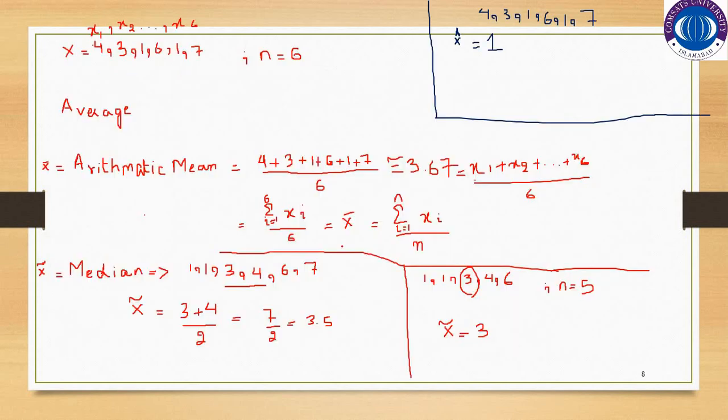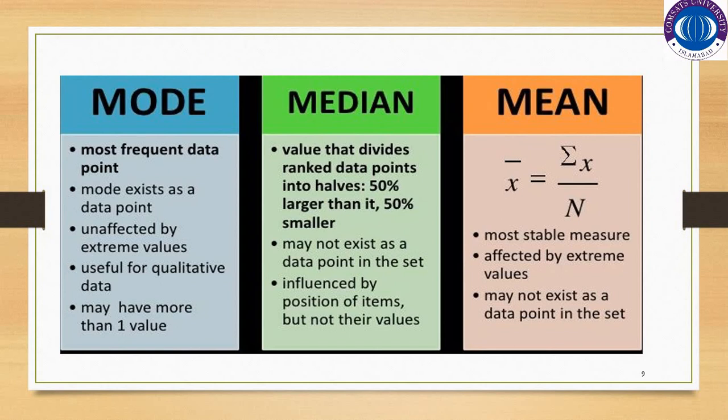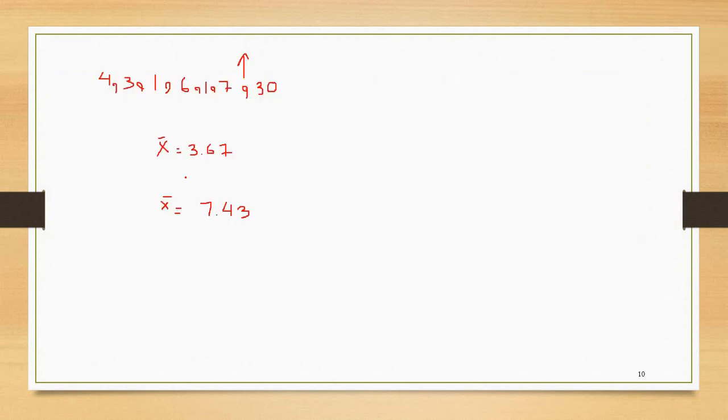Whereas in the earlier case, the arithmetic mean 3.67 is exactly somewhere in the middle of the data, and it is representing the whole data set, but this is 7.47.